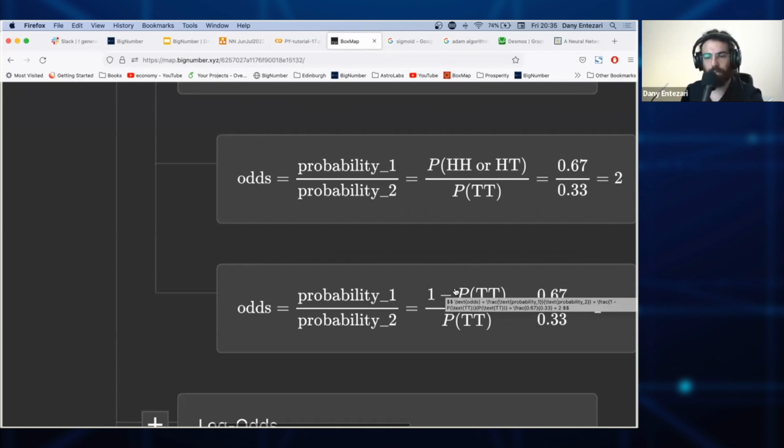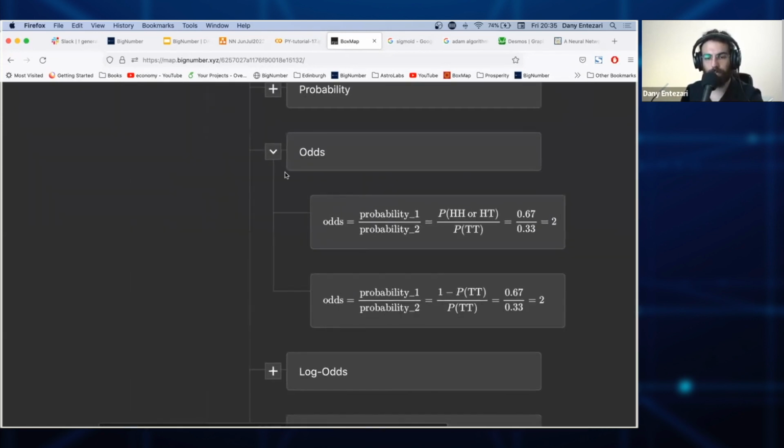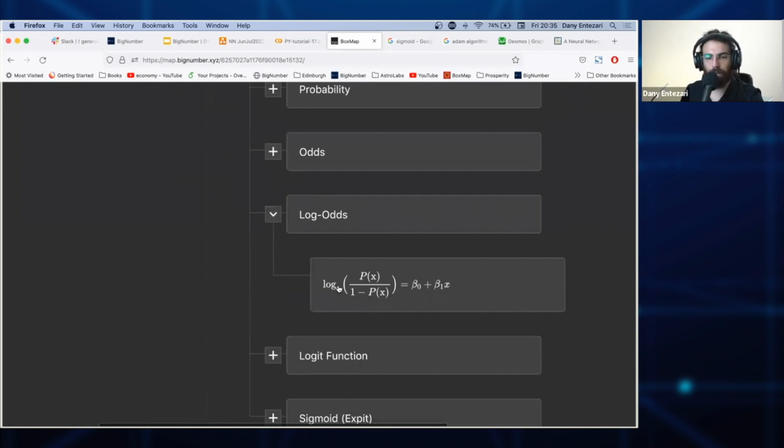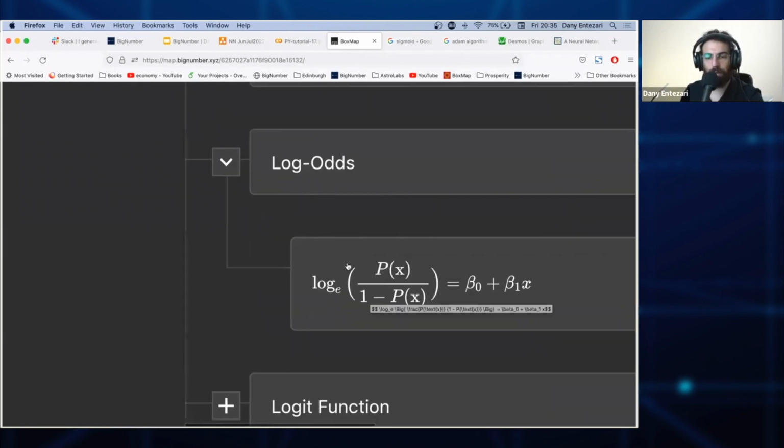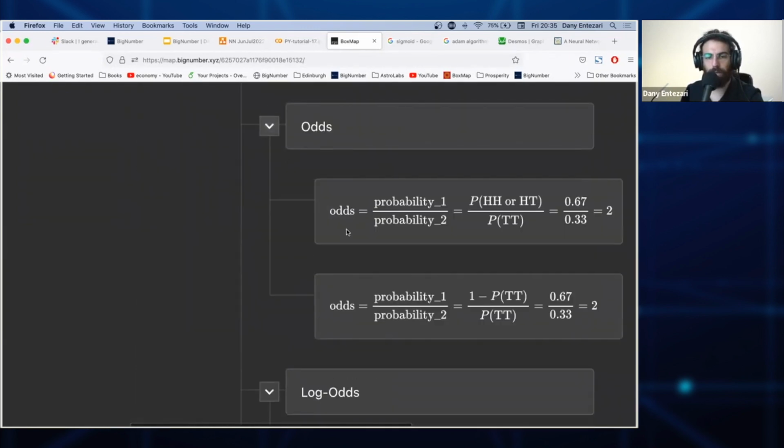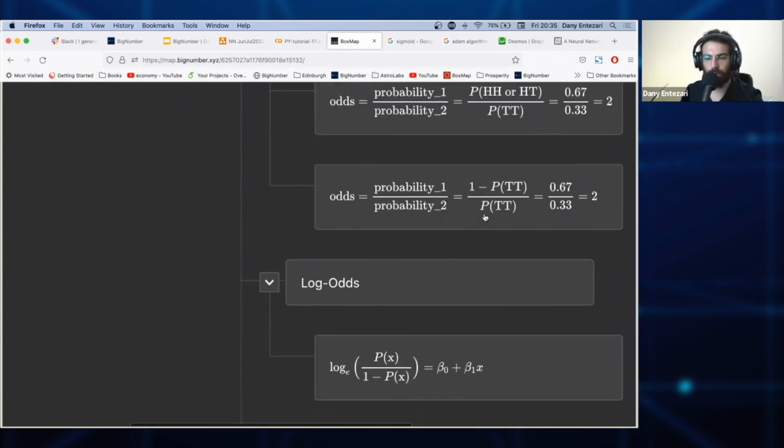Because this is going to bring us to log odds. Now if you see here, what we have done is we have inverted the ratio. So this was p of x in the denominator and 1 minus p of x in the numerator. Here we've just flipped it. I just reversed it in the previous example so you can understand the odds.